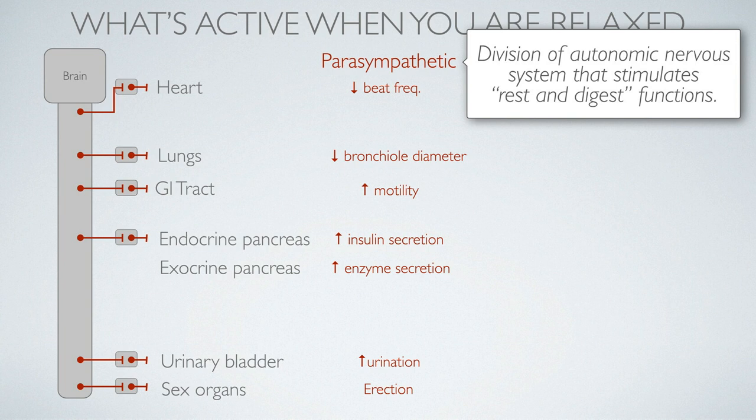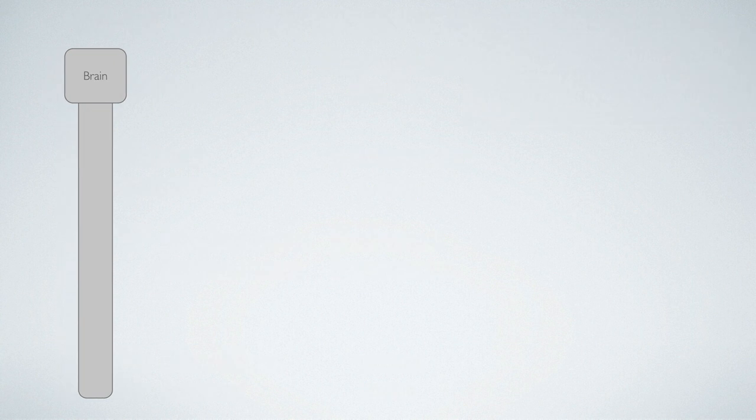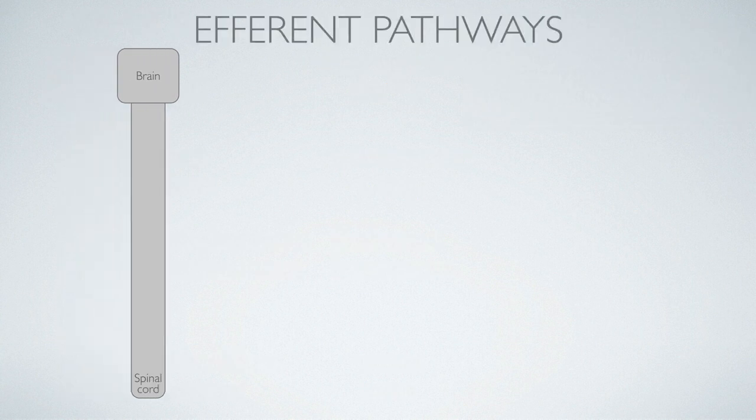So let's talk about the parasympathetic pathway in a bit more detail. So here we have our central nervous system, our spinal cord, and our brain. The autonomic nervous system includes this parasympathetic pathway. Now, for all of the autonomic pathways, they act on a suite of effector organs.